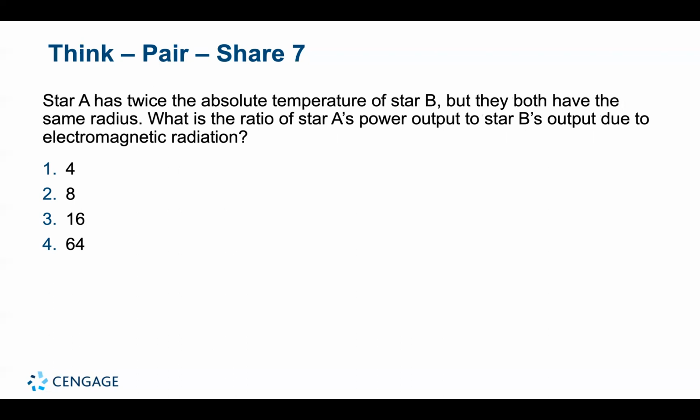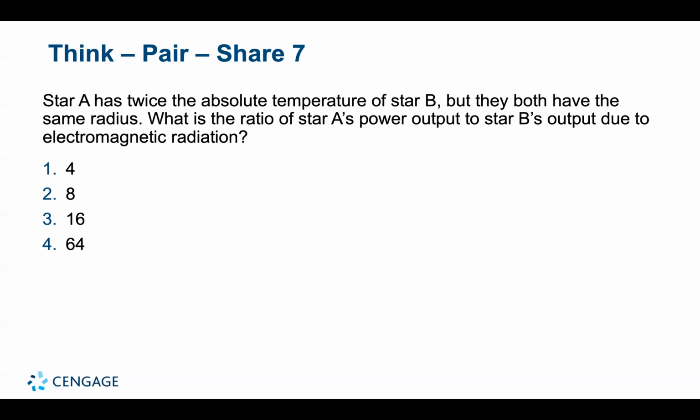Here's another one. Star A has twice the absolute temperature of star B, but both have the same radius. What is the ratio of star A's power output to star B's power output due to electromagnetic radiation? The answer is PA over PB equals 16. From Stefan's law, the power radiated by an object having surface area A is proportional to the 4th power of the absolute temperature.